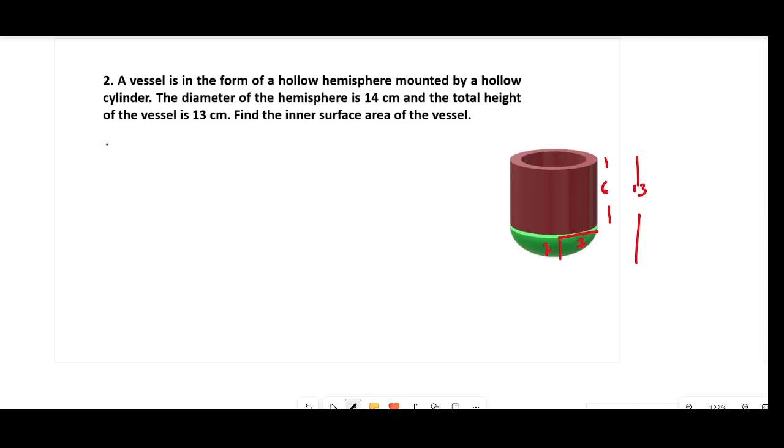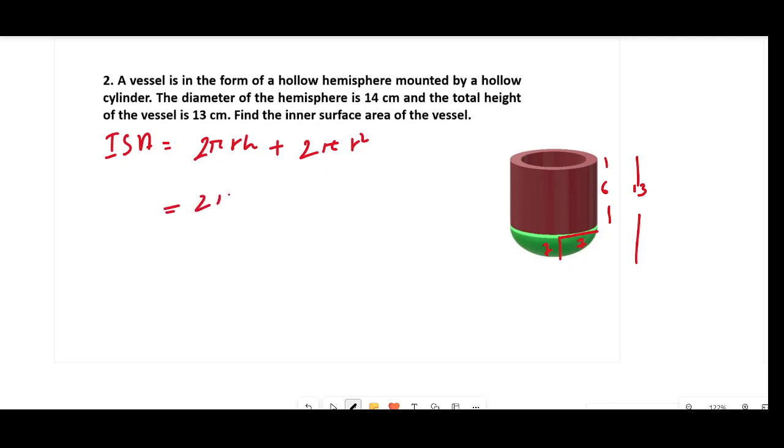The inner surface area will be the area of the cylinder and hemisphere. Clear? The area of the cylinder is 2 pi r h, because it is circumference into height. So 2 pi r h plus 2 pi r square, which is the area of the hemisphere.